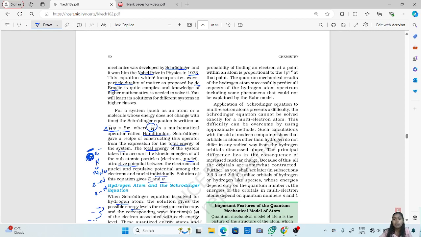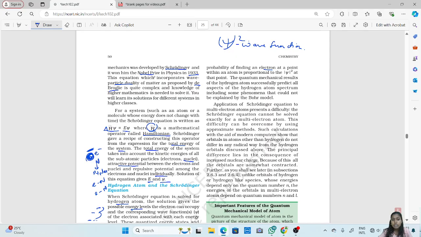Now, the probability of finding an electron at a point within an atom is proportional to ψ square at that point. Here ψ is the wave function.